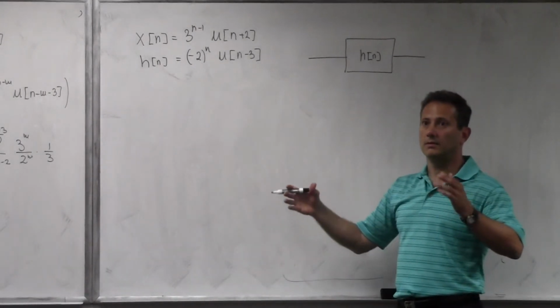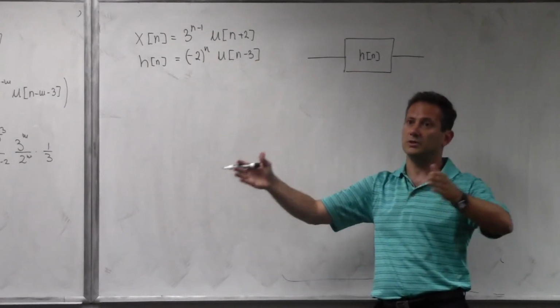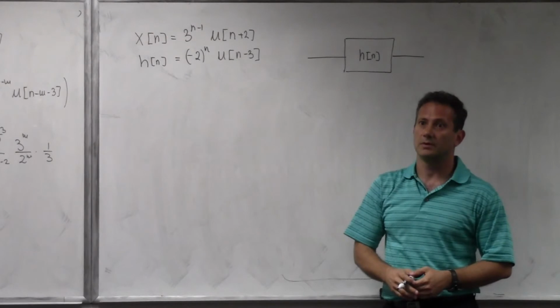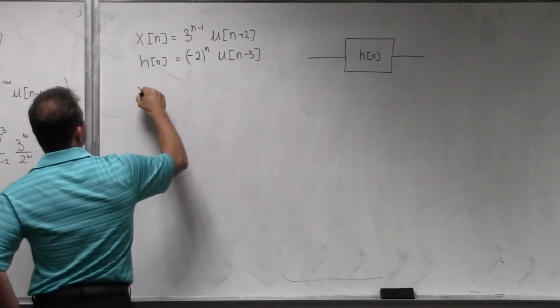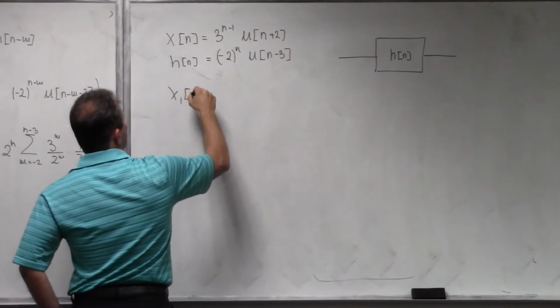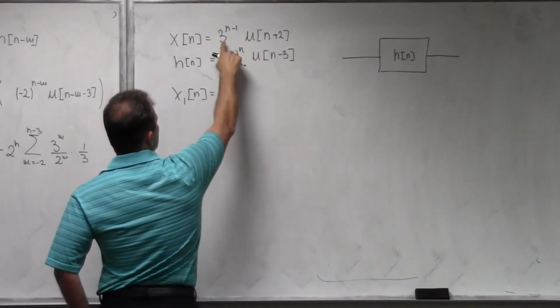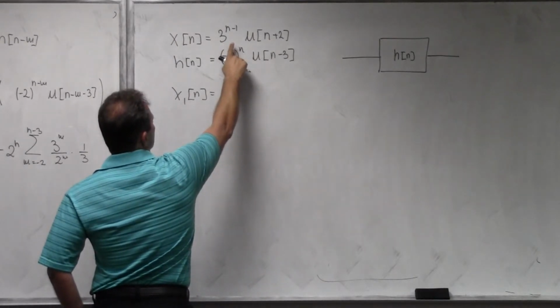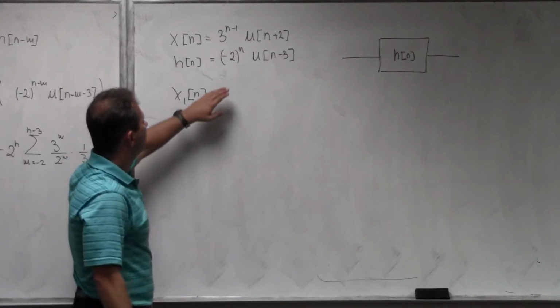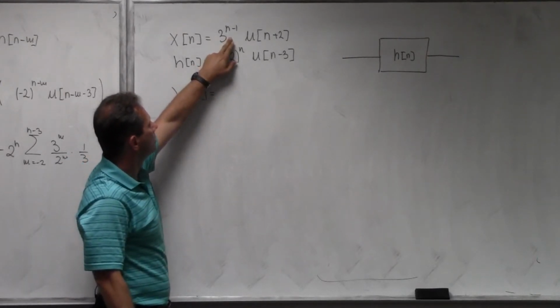And then because I know that this one starts at minus 2, take the output and just bring it 2 samples up, right? So if I define a signal x1 of n, now the tricky part is I need to make sure that these numbers correspond. So when n is equal to minus 2, this is 3 to the minus 3, right?